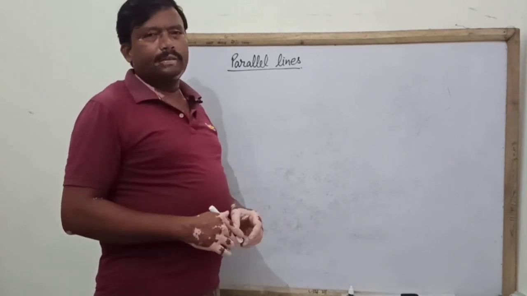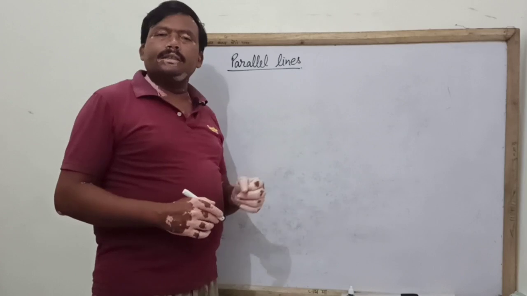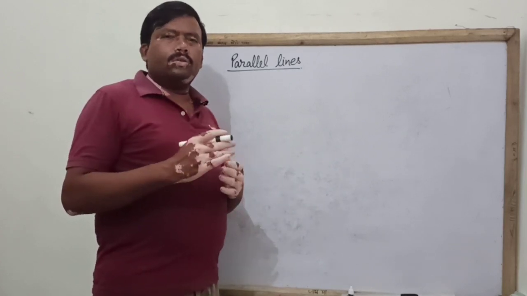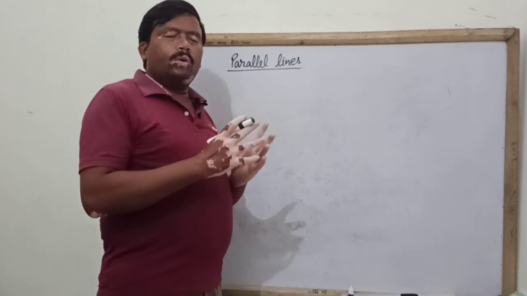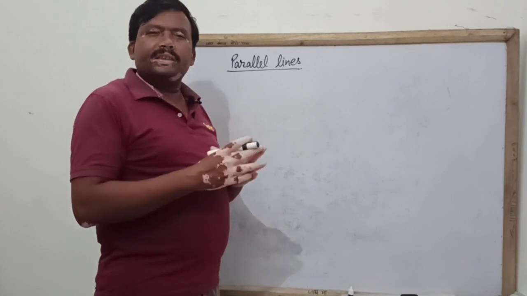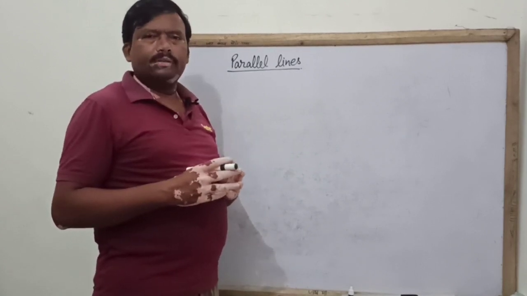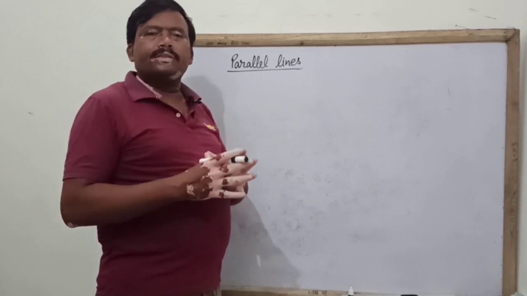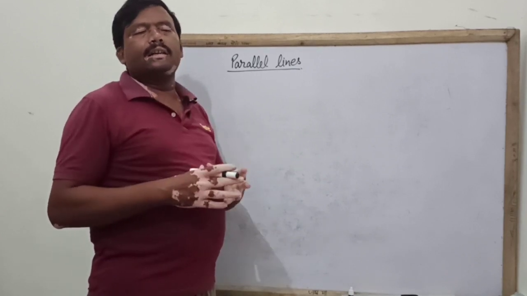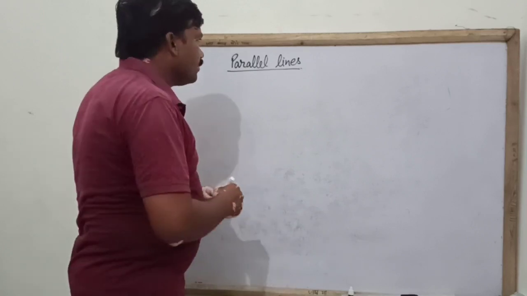Two lines which never intersect each other are called parallel lines.